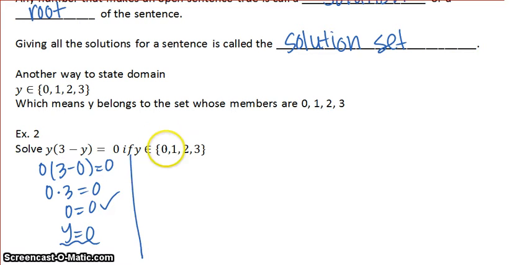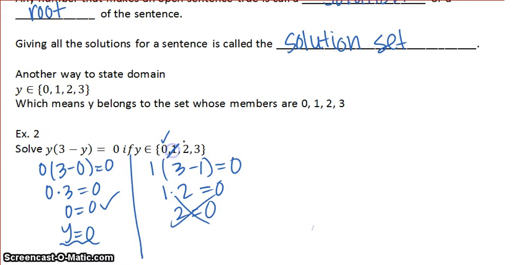And then I'm going to try 1. So 1 times 3 minus 1 equals 0. So 1 times 2 equals 0. 2 does not equal 0, so that one is not an answer. We have 2 times 3 minus 2 equals 0.